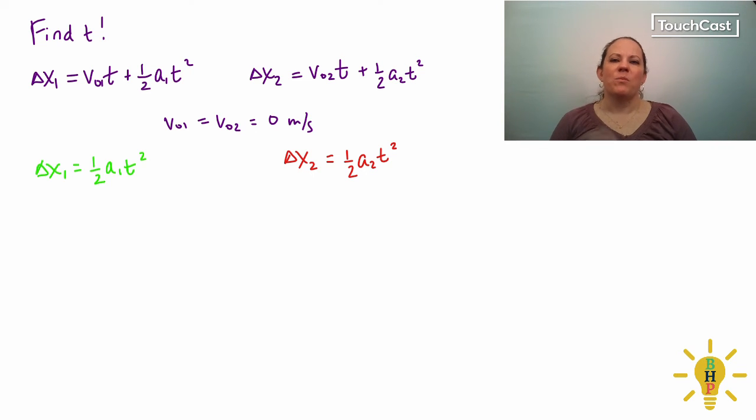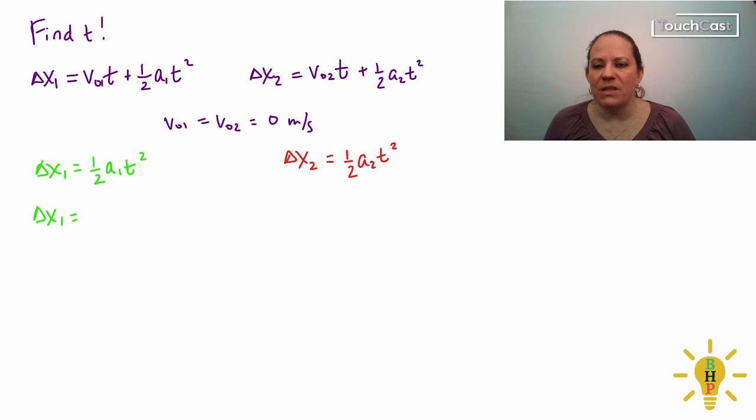And, again, we're going to remember that delta x1 is equal to delta x2 plus 2.73 meters, but just for simplicity, I'm going to go ahead and calculate this out to get one expression with everything substituted for delta x1 related to time, and then I'll do the same for delta x2.